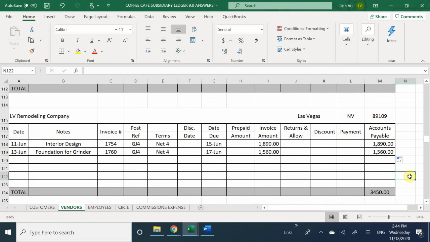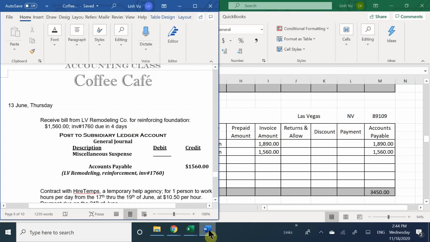And I do have the flexibility to choose whether I pay one bill or I could pay all the bills at once with one check. So that's one of the things that we will get to see as we move further down into our scenarios.